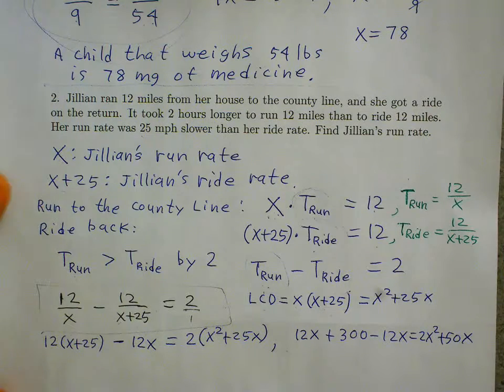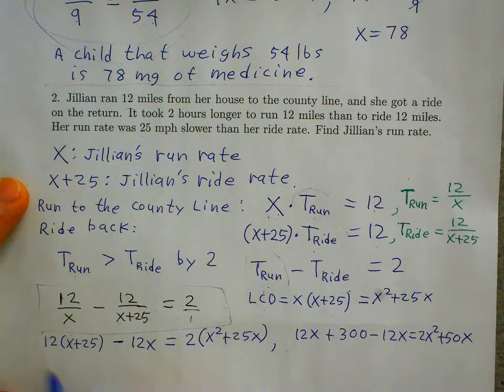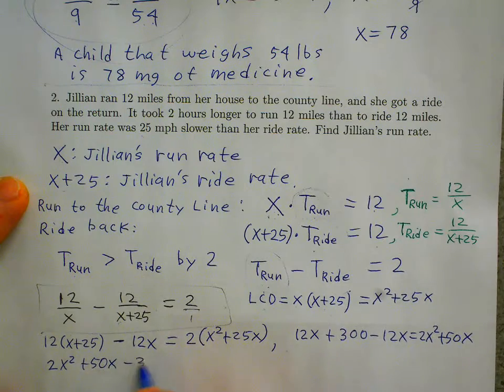And if we subtract 300 from both sides, we'll just get this equation, 2x squared plus 50x minus 300 equals 0.